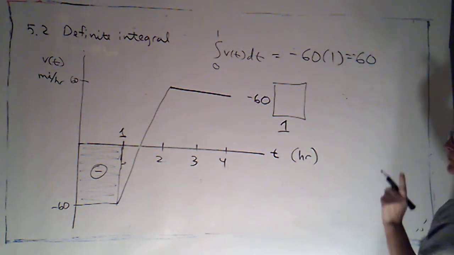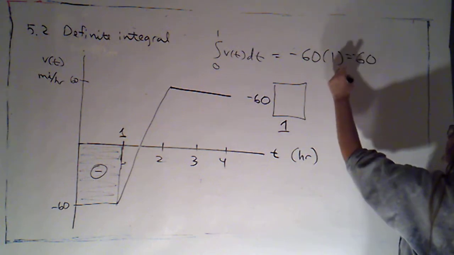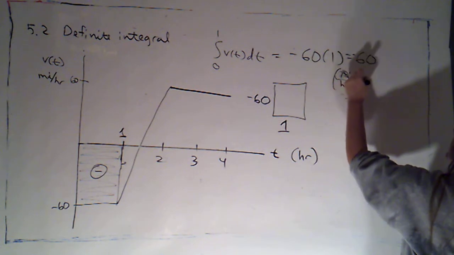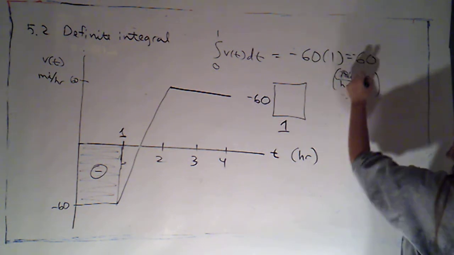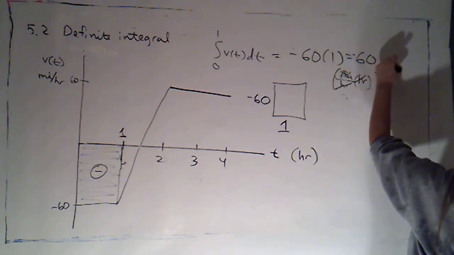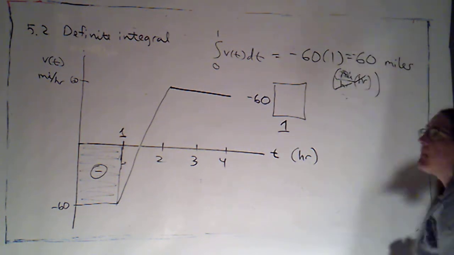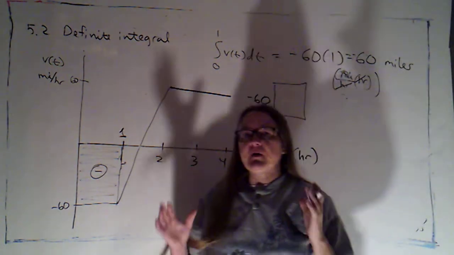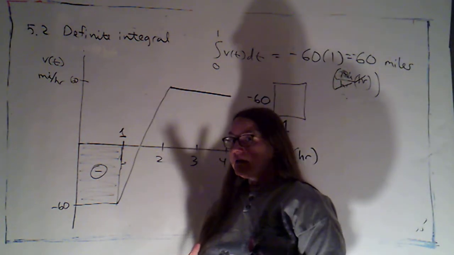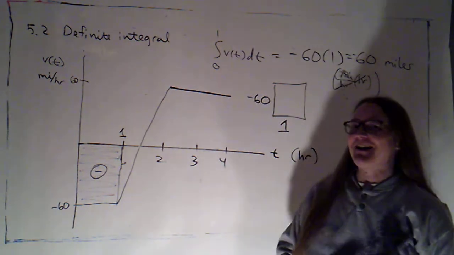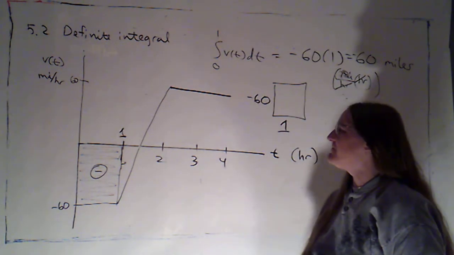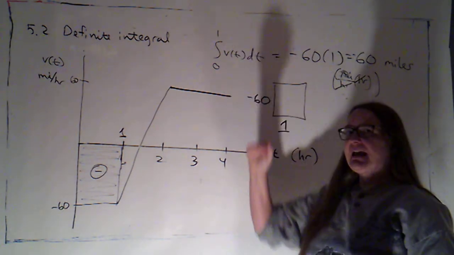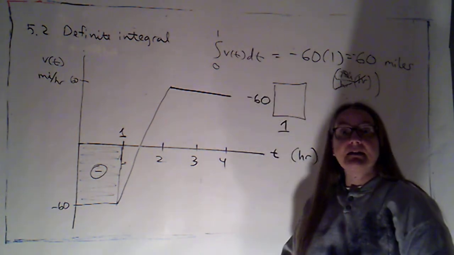And let's see what that represents. If I look at the units, that was miles per hour times hours. Those would cancel. I'm getting negative 60 miles. Now, we saw in section 5.1 that if we integrate speed, this process is called integration. I don't think we used that terminology in 5.1. But if we calculated the area between speed and the time axis, we were calculating a distance.